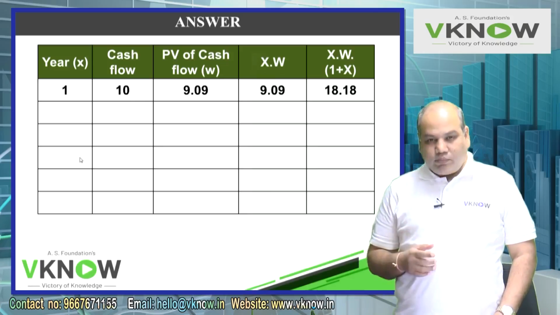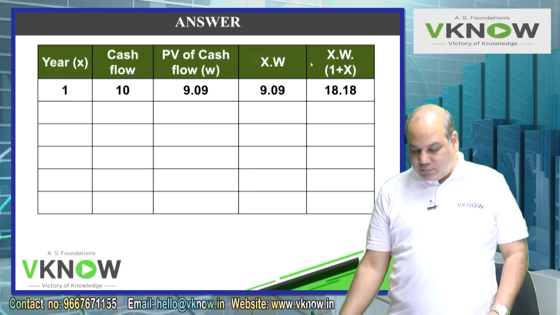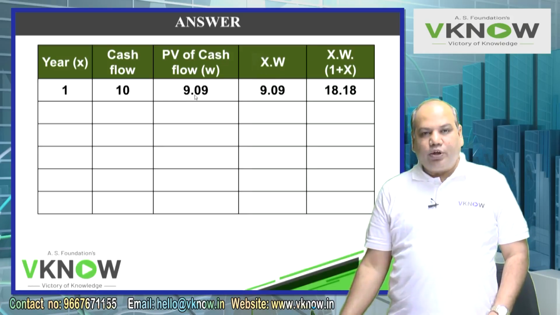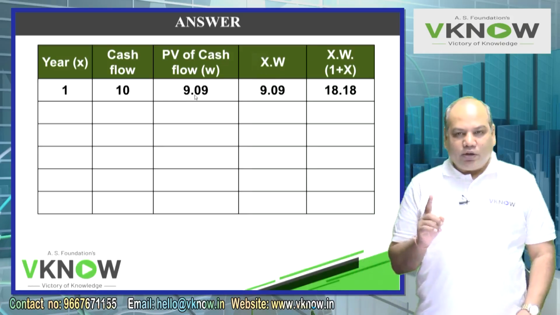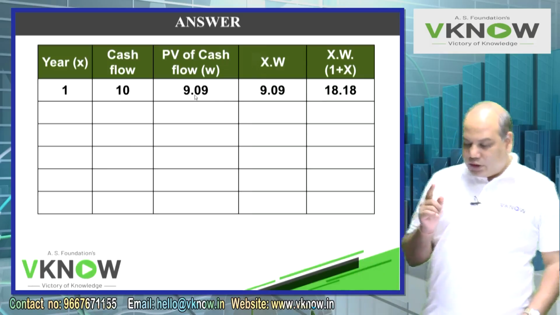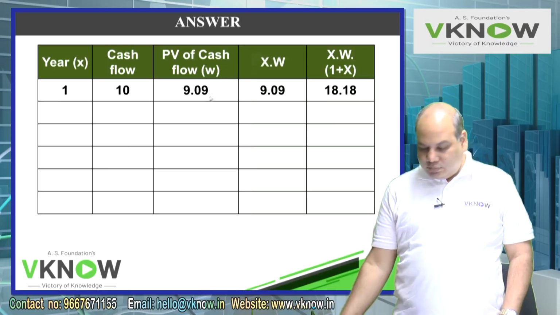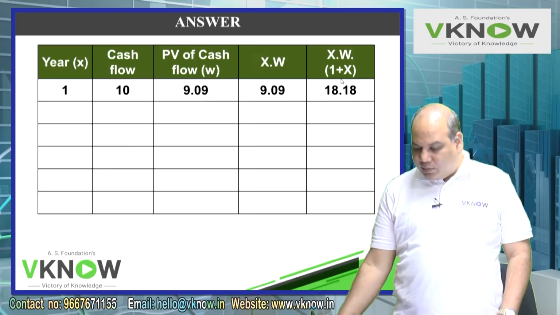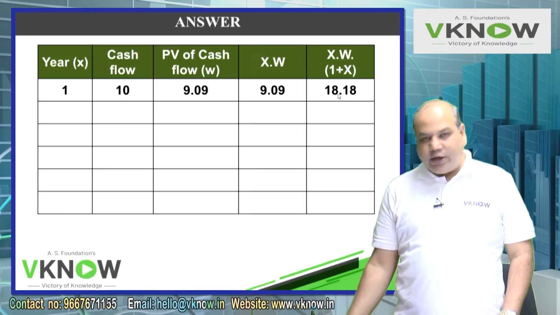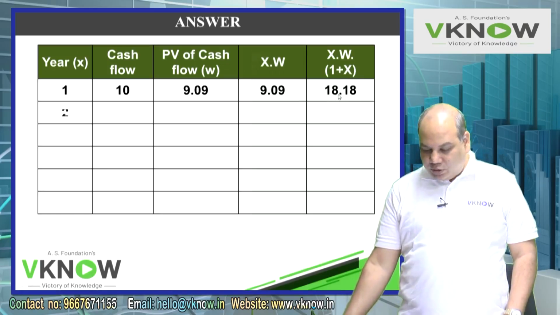Year 1, coupon 10 rupees. 10 divided by 1.10, the discount rate is 10%, so 9.09. 1 multiplied by 9.09 is 9.09, and 9.09 multiplied by 1 plus 1, that is 2, gives 18.18.